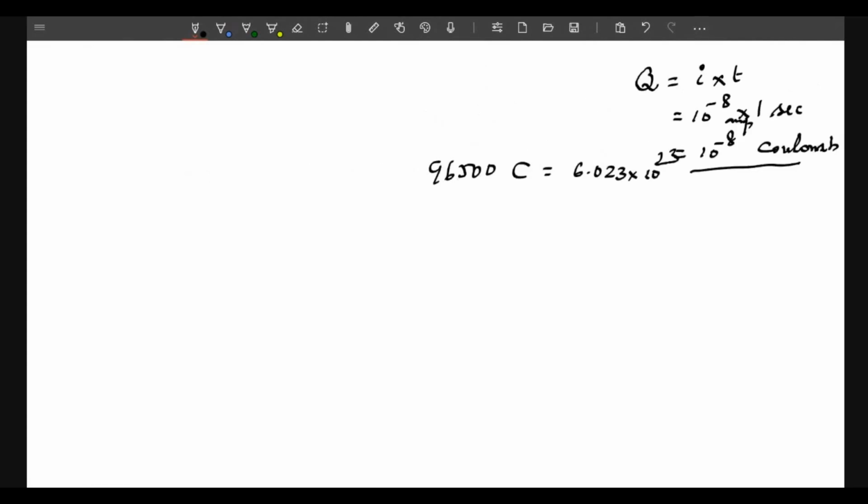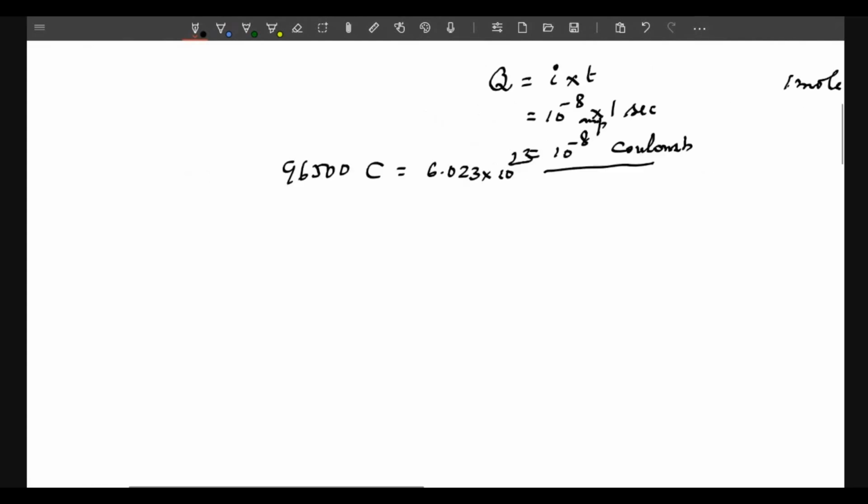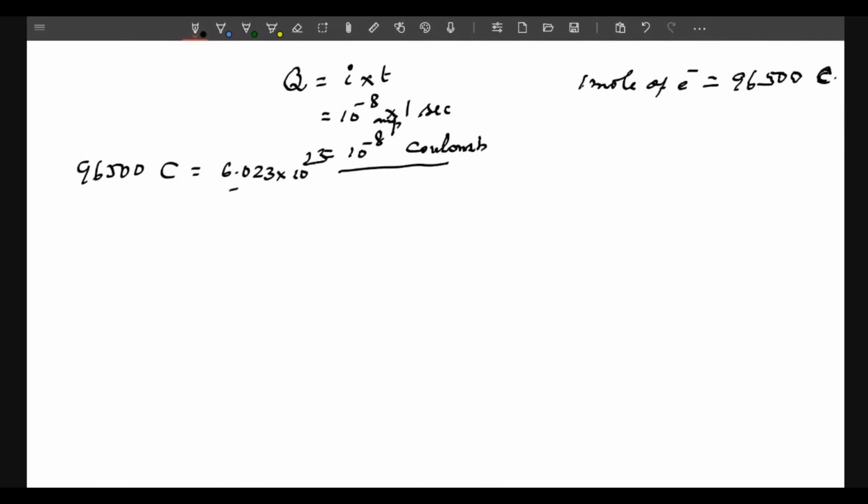Therefore, instead of mole, I am writing 6.023 into 10 to the power of 23 electrons. Then 10 power minus 8 coulomb would be carried by how many electrons? That is the way you can easily work it out.